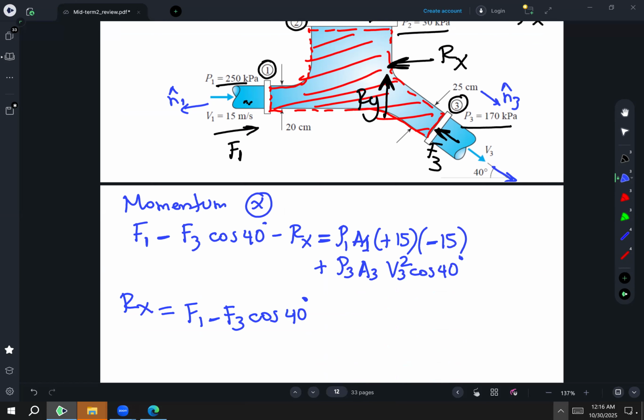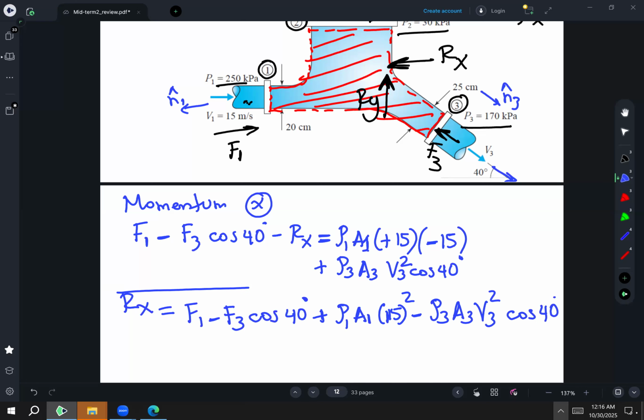This density 1, area 1 needs to go to the left, so it will be minus, but minus and minus will become positive, so it's going to be plus density 1, area 1 times 15 squared, and minus density 3, area 3, velocity 3 squared cosine of 40 degrees.